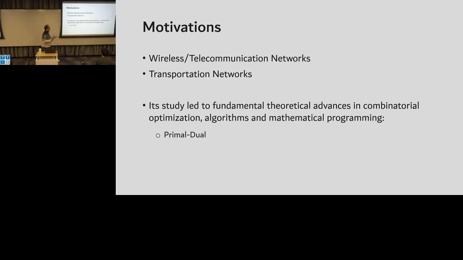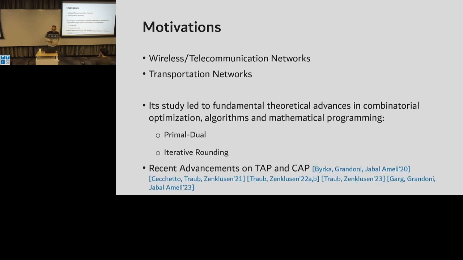For instance, the primal dual method had one of its earliest applications for the SNDP problem, and its power became more apparent once people started analyzing it for SNDP and network design problems in general. Another instance is the iterative rounding method, which was actually developed for this problem. So it's known to be very fruitful in combinatorial optimization in terms of the techniques and ideas that have been developed.